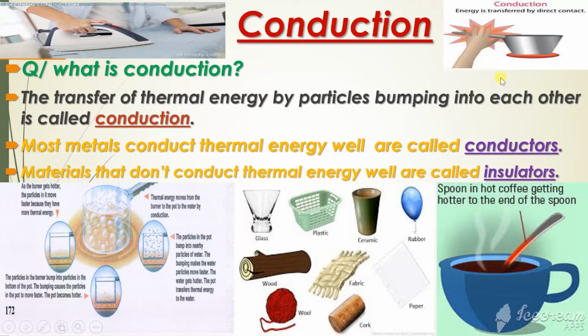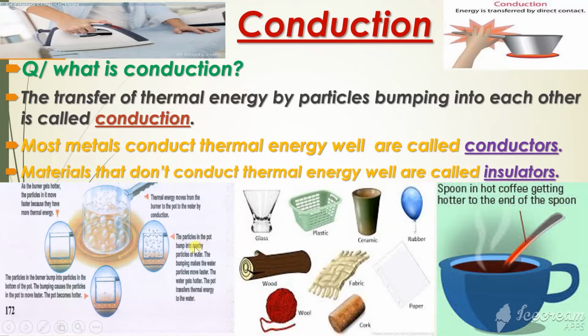These are in the group of insulators because they don't conduct thermal energy well. But a metal spoon and pan are conductors, because these metals conduct thermal energy well.